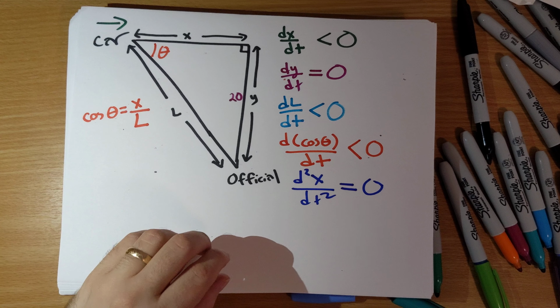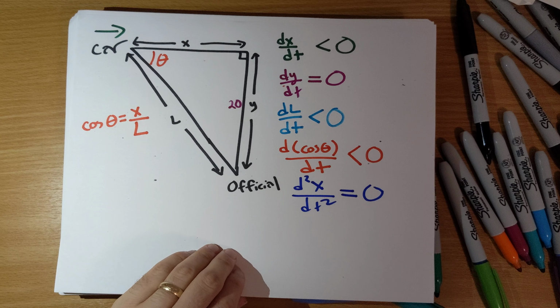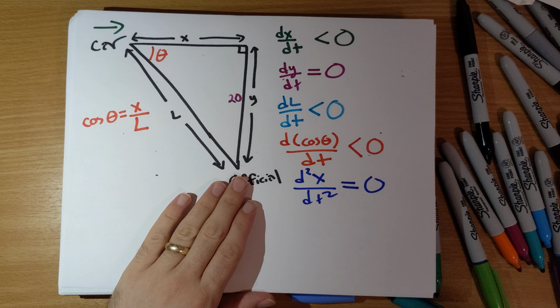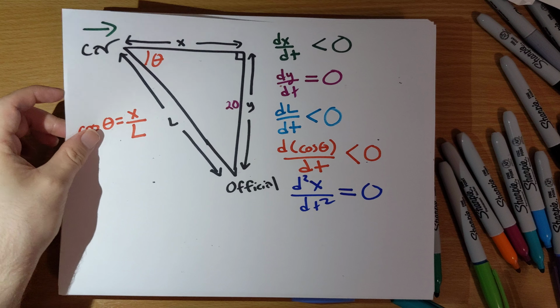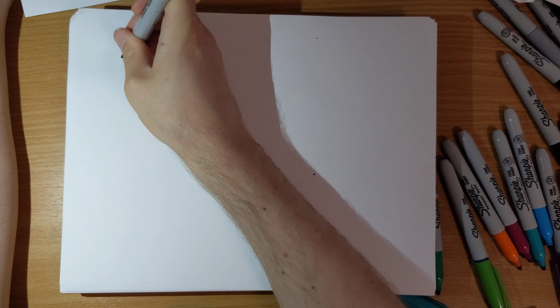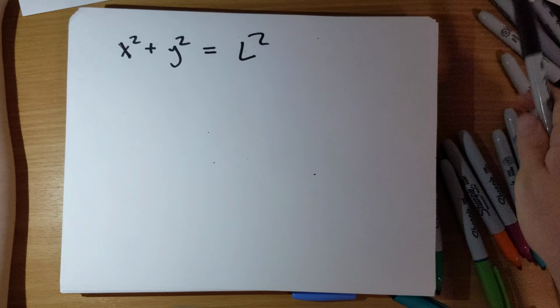The 6th part has to do with, okay, that's all just setting stuff up. Now we have an actual related rates problem here. Before we crunch out what's going on in F, let me just write down the relation between x, y, and L: x squared plus y squared is equal to L squared.